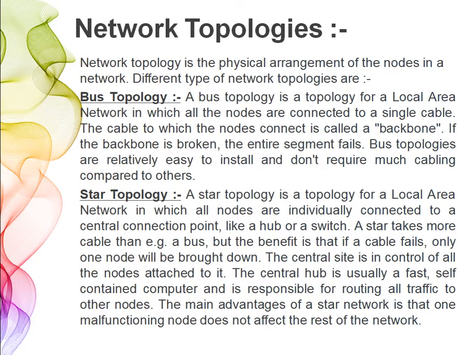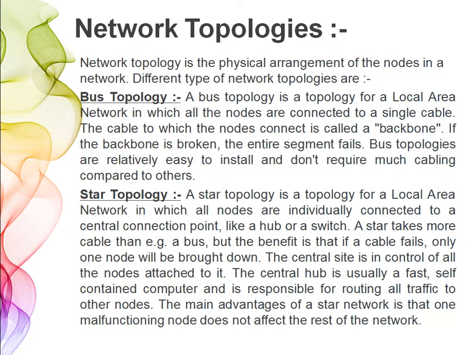Next, we have the topic network topologies. So what is topology? Network topology is the physical arrangement of the devices in a network. In your computer lab, there will be 10, 20, 30 or more computers, and then there must be an arrangement, the physical arrangement of those computers.